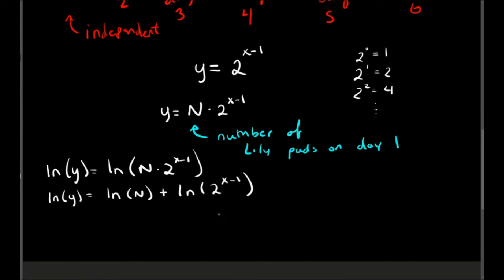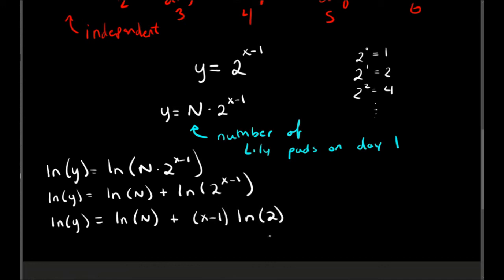I can also move the x minus 1 exponent. Remember, if I have an exponent inside of a log function, I can always rewrite that as multiplied outside of the log function. So natural log of 2 to the x minus 1 can be rewritten as x minus 1 times the natural log of 2.